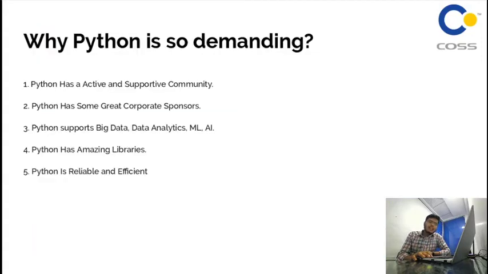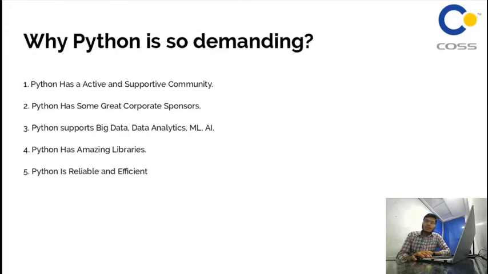So next, understand why Python is so in demand. The first point is Python has an active support community. Next, Python has great corporate sponsors, companies like Facebook, Google, Bloomberg, Red Hat, Amazon, and other companies which are so popular.